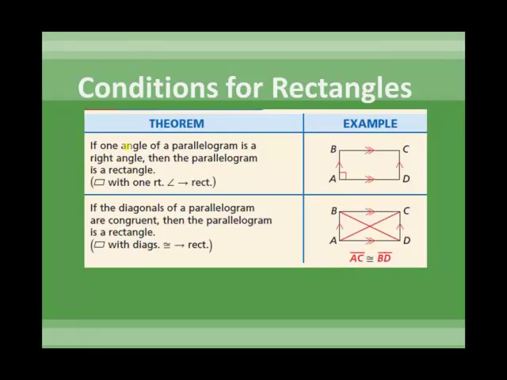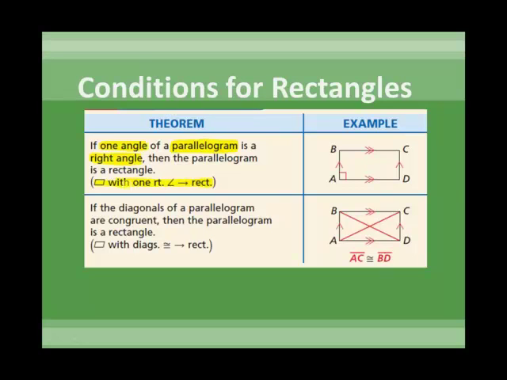So the quadrilateral needs to be a parallelogram, that's one, and only one angle needs to be a right angle, that's two. If those two things are true, then it's safe to assume that the quadrilateral is a rectangle. In other words, a parallelogram with one right angle implies that it's a rectangle.